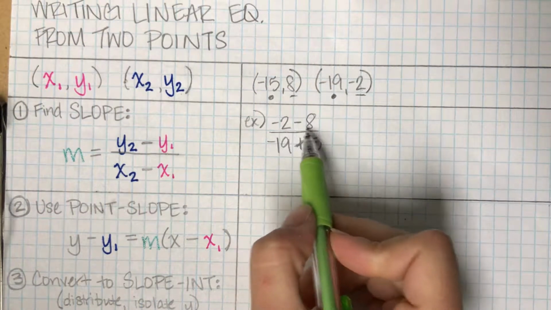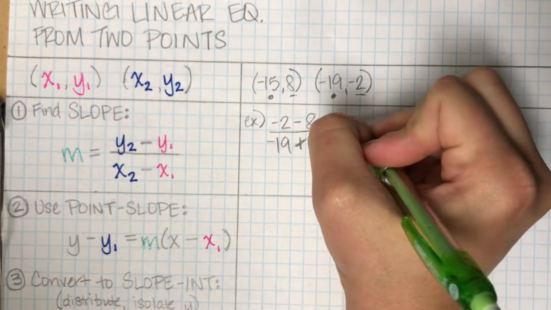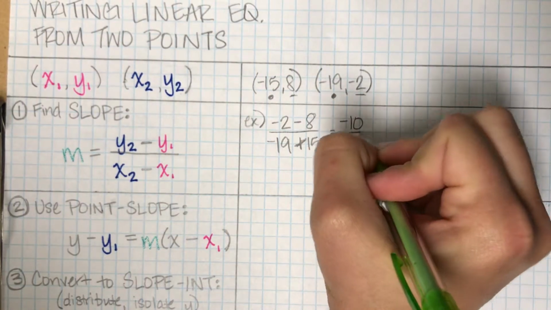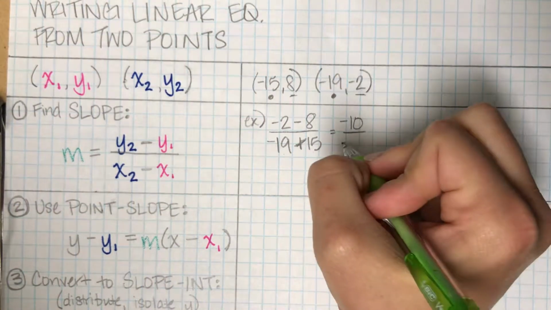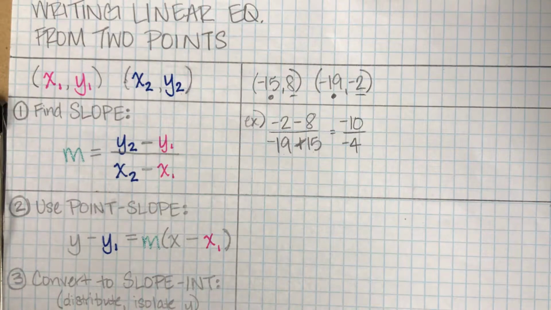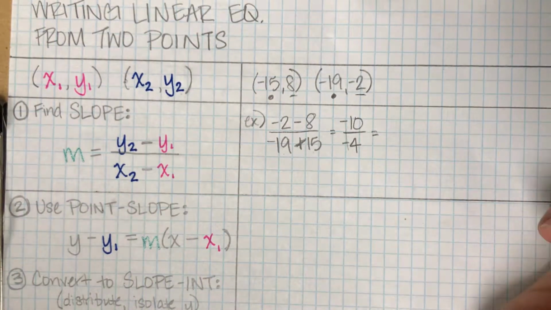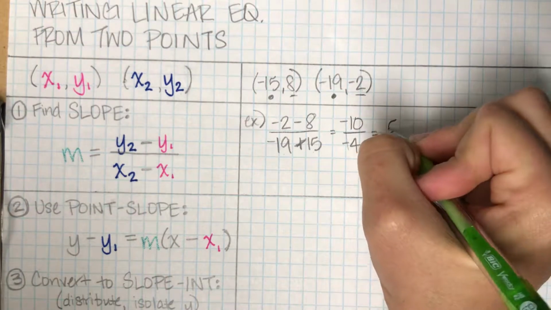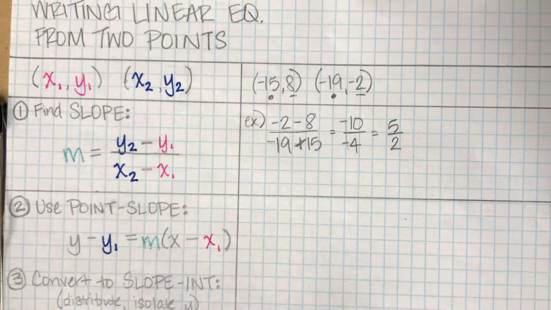So negative 2 minus 8, if I think about being on a number line, is negative 10 over negative 19 plus 15 is negative 4. And then if I simplify that down, the 2 negatives cancel each other out. I can divide them both by 2 to get 5 halves. So my slope in this situation is 5 halves.